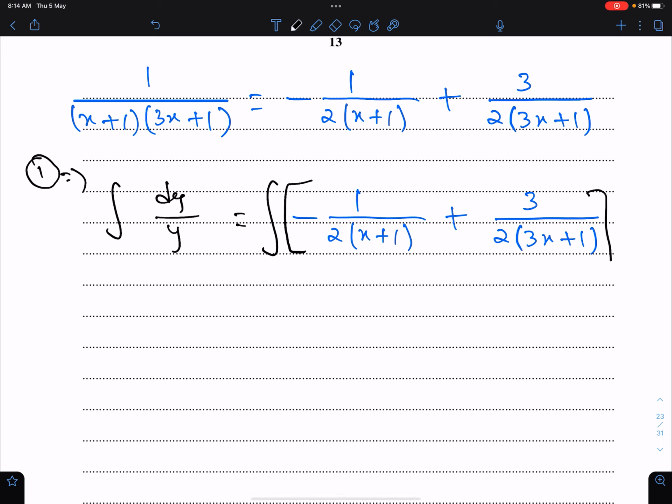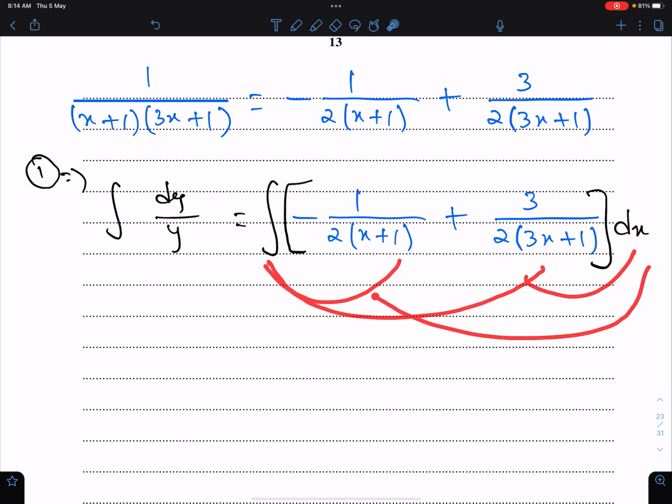Use square bracket because this integral is multiplying with both the terms and dx is also multiplying with both the terms.